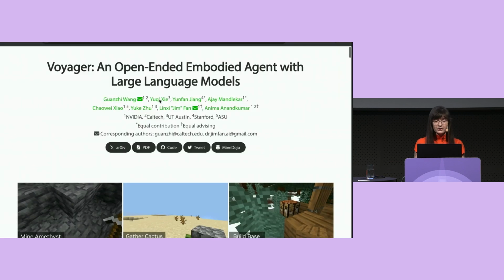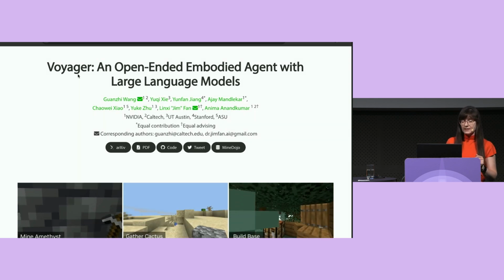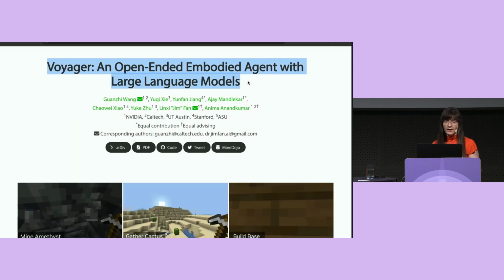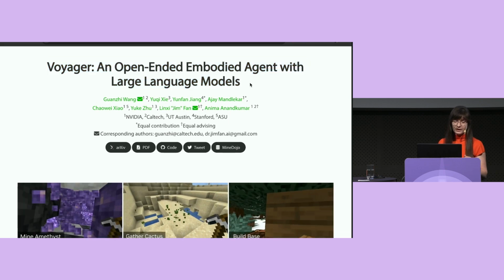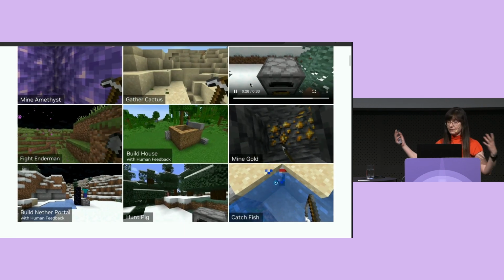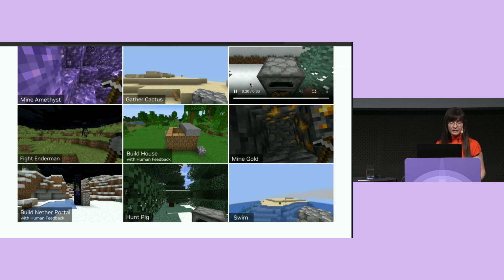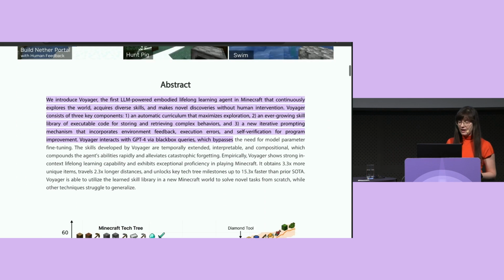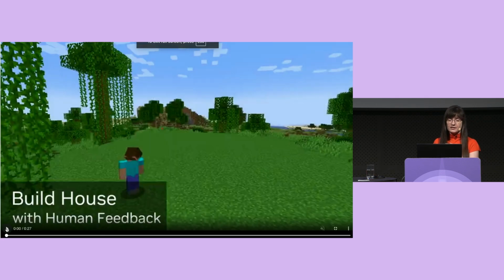Then there were some other interesting research papers. This particular one is about an open-ended world. Here an agent has a skill library that it is building up, and there is a feedback loop for improvement where, when something fails with an error, the agent learns that something else should be done.